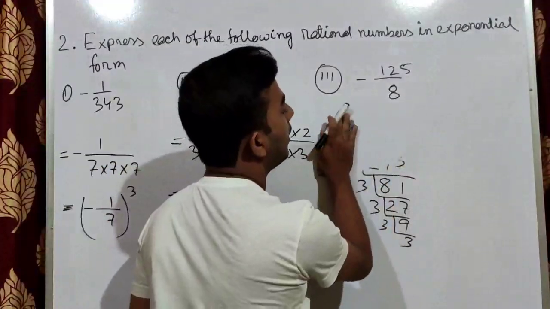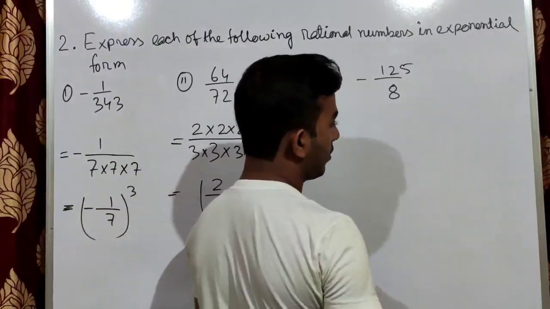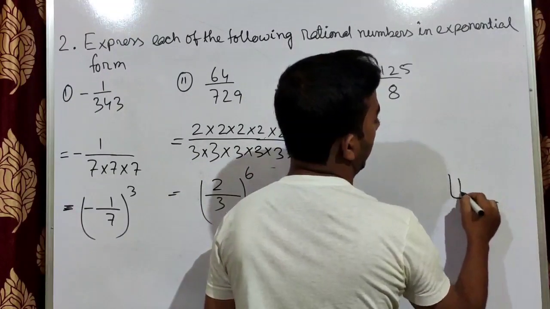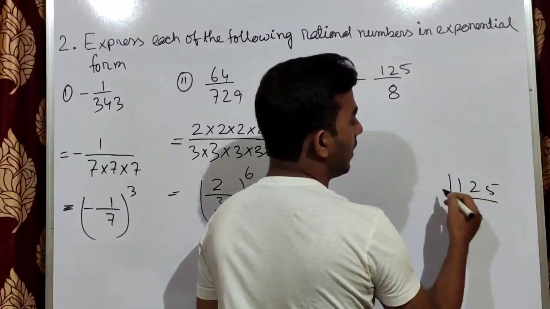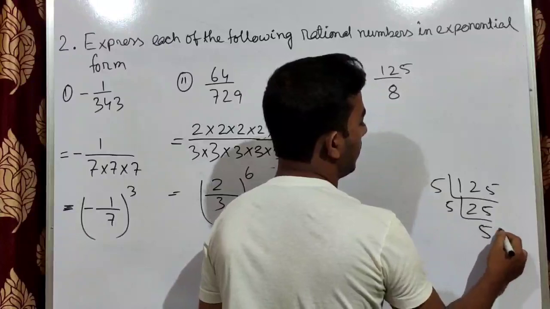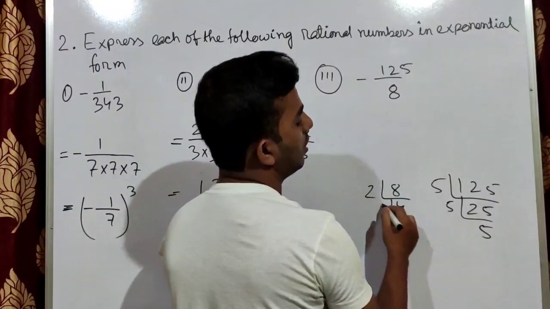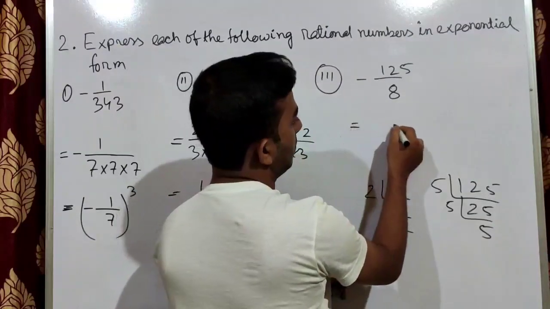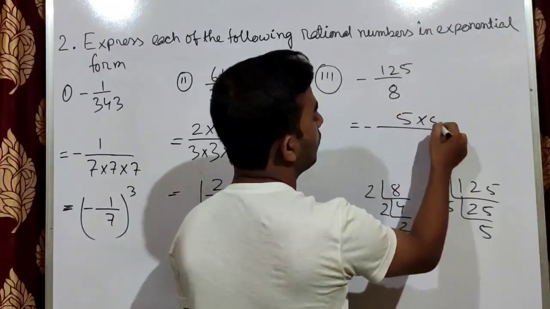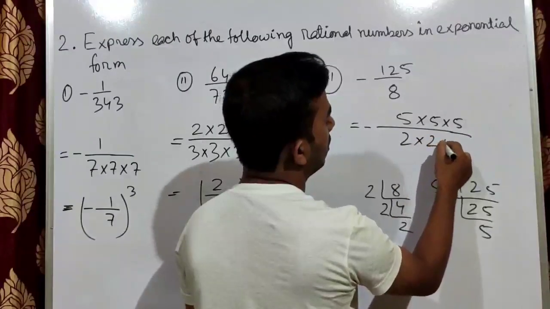The third one is 125 by 8. So we have to find out the factors of 125 as well as 8. 125 is divisible by 5, it will be 5 into 25, then 5 into 5, and 8 is 2 into 4, 2 into 2. That means we can write 125 as 5 into 5 into 5, and 8 is 2 into 2 into 2.